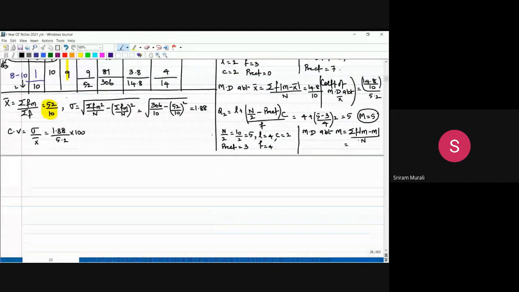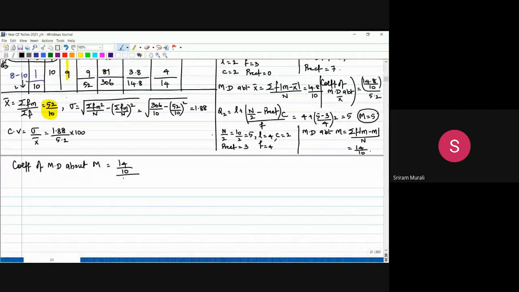So f into m minus M is 14, by 10. Coefficient of MD about median is MD about median by median. Median is 5.